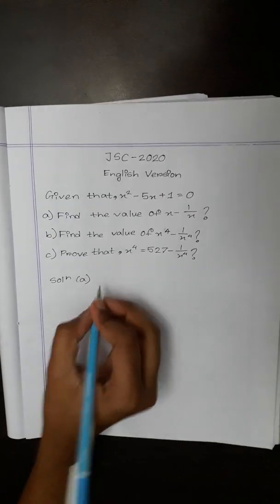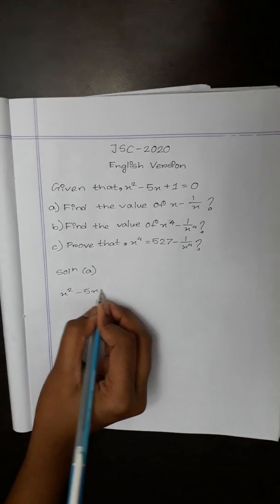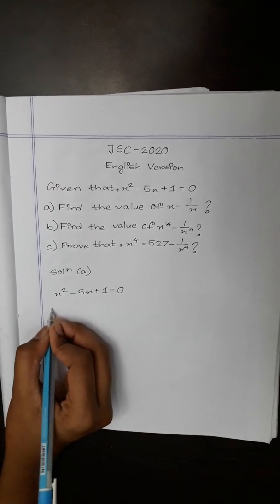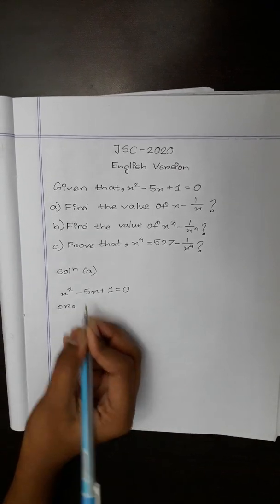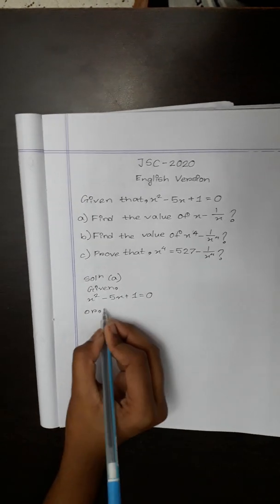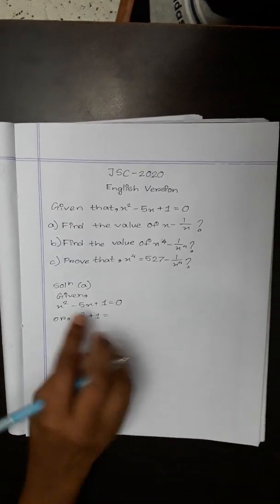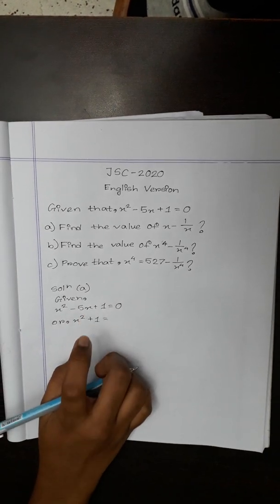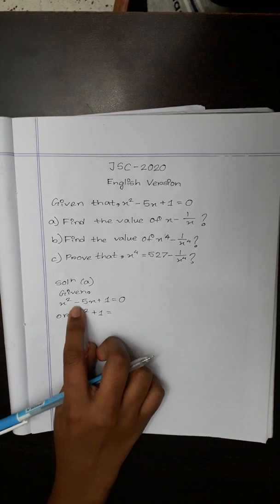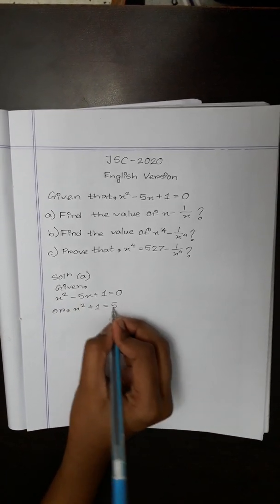So let's start. We have to pick the equation from the stem, and write it as given. Okay, now x squared plus 1 is equal to, we have to move this minus 5x to the right side. If we move it to the right side, then minus will be converted to plus.